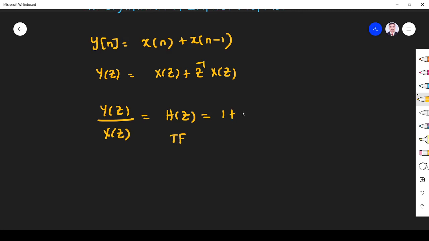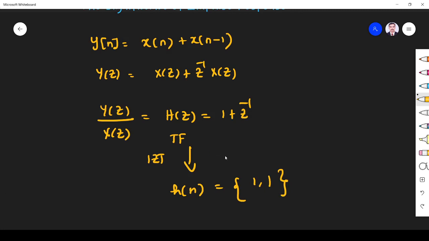This is 1 plus z inverse. From that I can find h of n by taking the inverse z transform, which is given by 1 comma 1. We know how to find the inverse z transform of 1 plus z inverse. So this is our h of n.